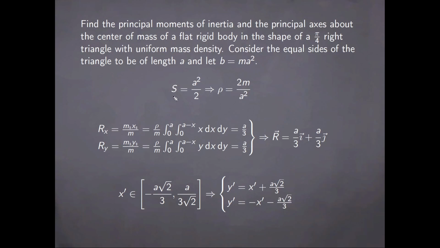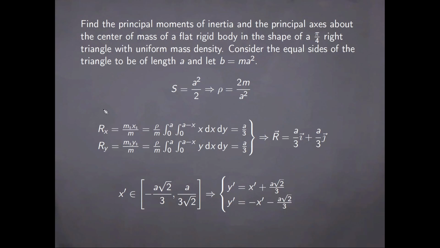So the surface of such a triangle is given by a squared divided by 2, and then since the mass is distributed uniformly, you can calculate the constant density as the mass divided by the surface, so it's the value here.